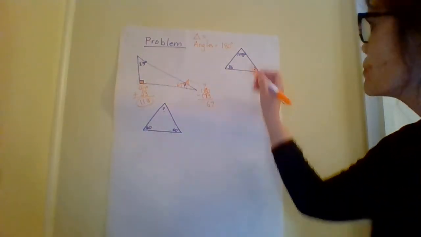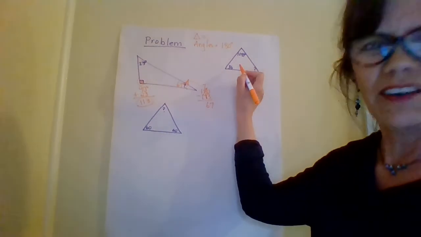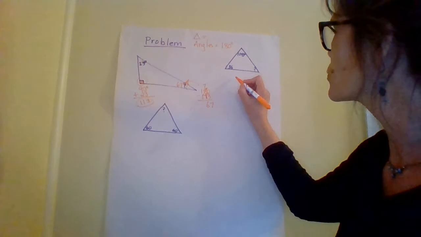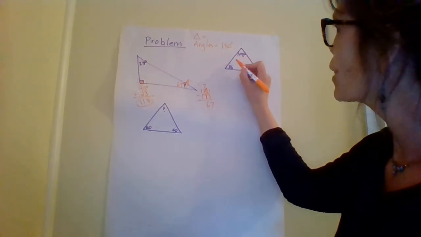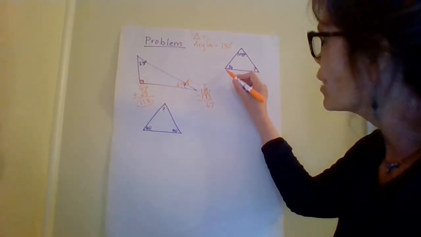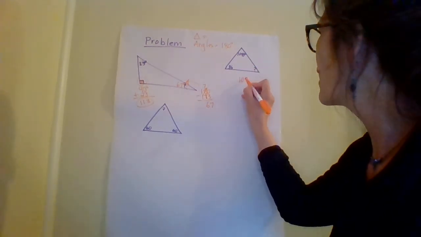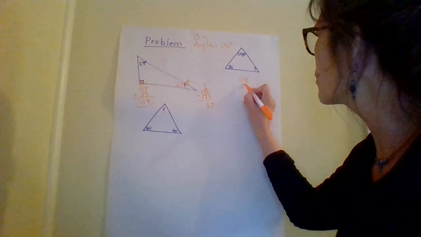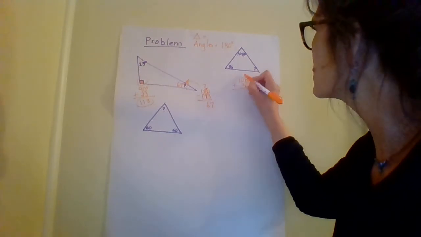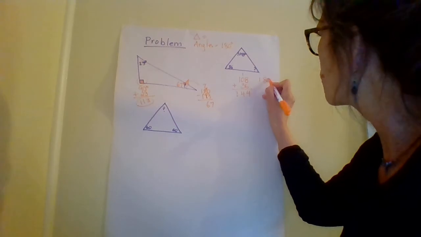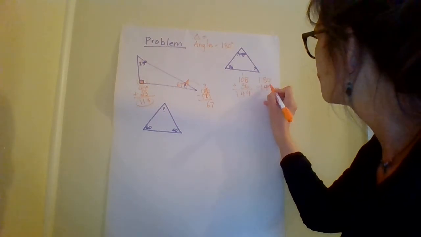So there's one of them. Here's another one. This one's definitely not drawn to scale. I just made a triangle and then I put the measurements in. Sometimes it will give you a problem like this where it will say, what kind of triangle is this? You have to add up the angle measurements, and then subtract them from 180.